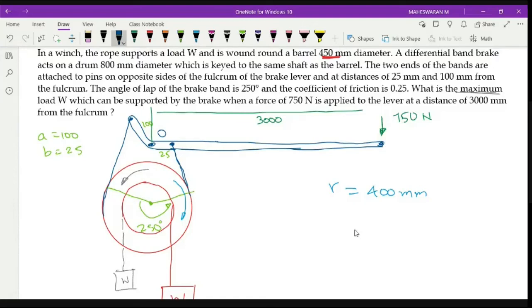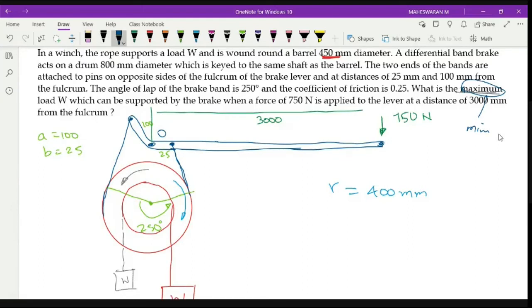Sometimes they will specify clockwise, in which case you concentrate only on that. If nothing is specified and there is a term like maximum or minimum, you have to go for both directions.